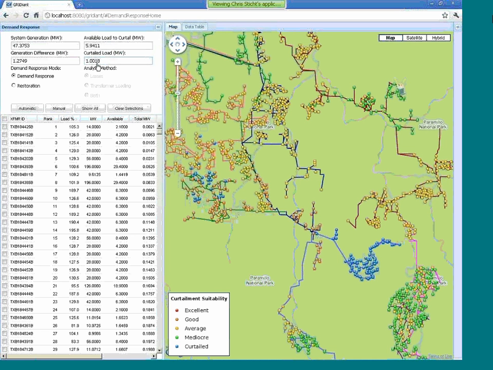Here's the benefit: we curtailed 1 megawatt of load, and it shows 1.27 megawatts at the substation. That's 1 1/4, or close to 1 1/3, of what we curtailed at the customer level. So we're getting a lot more out than what we're putting in.